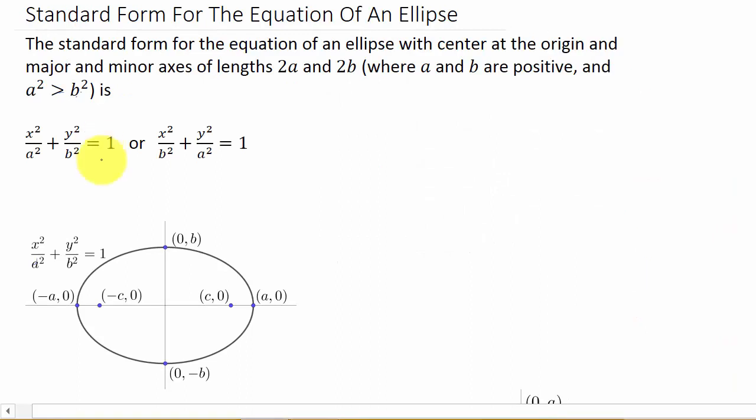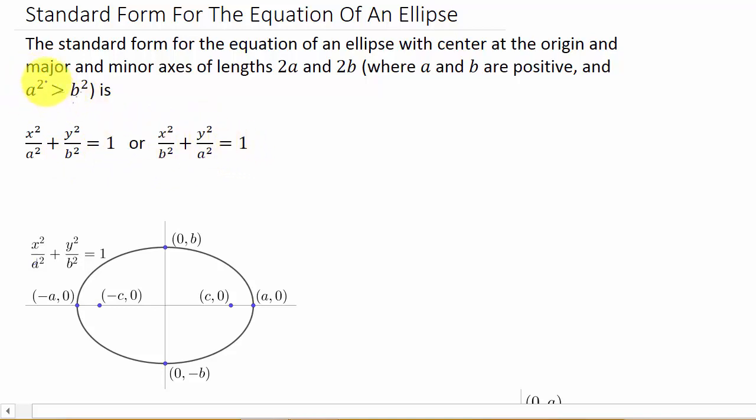Alright, so first let's go over this real quick. It says the standard form for the equation of an ellipse with center at the origin and major and minor axes of lengths 2a and 2b, where a and b are positive and a squared is greater than b squared. So here we've got x squared over a squared plus y squared over b squared equals 1, and x squared over b squared plus y squared over a squared equals 1.